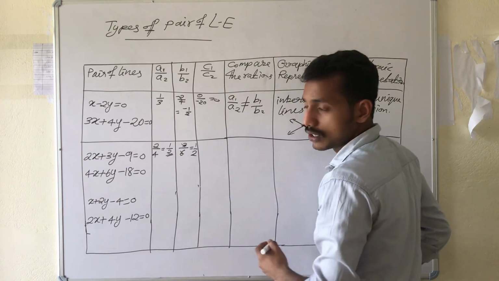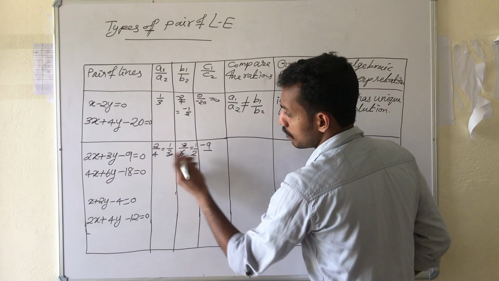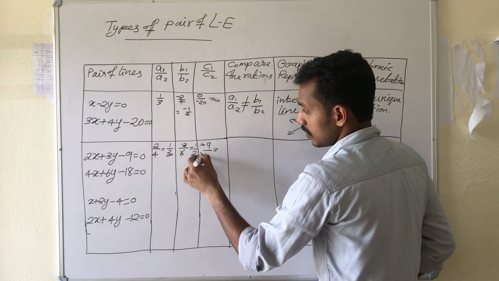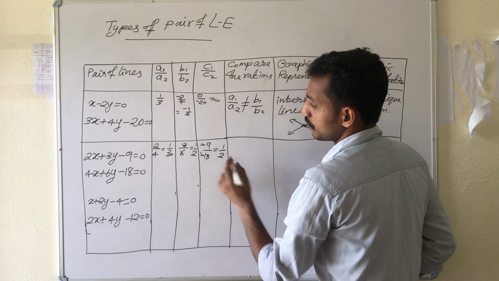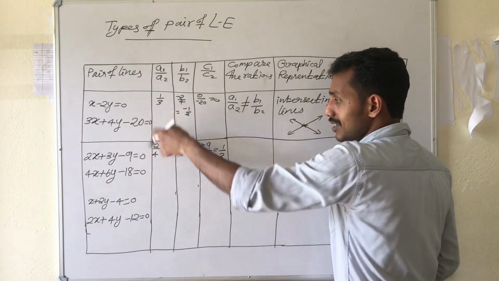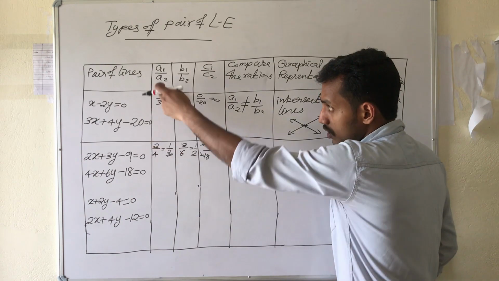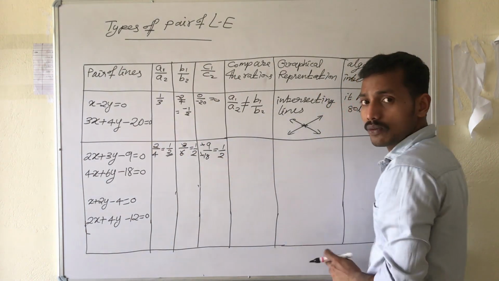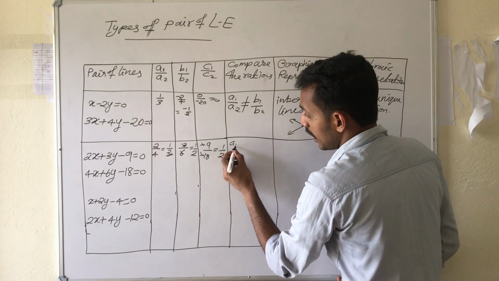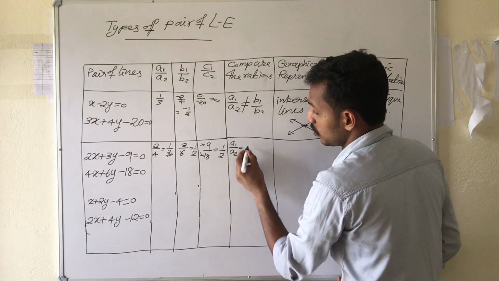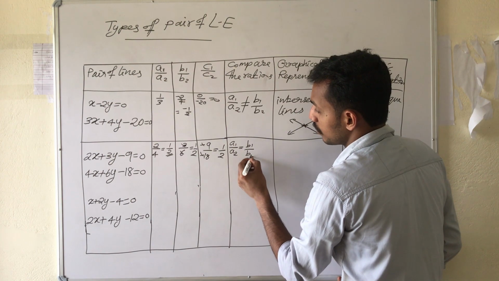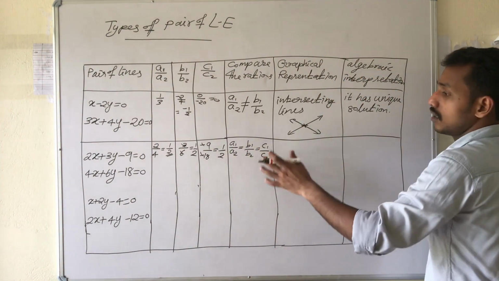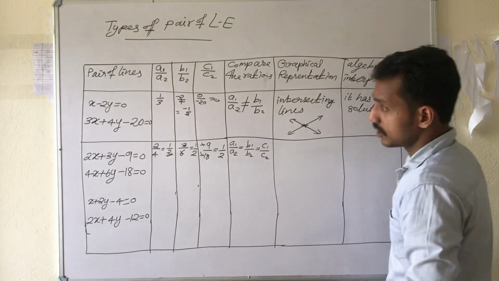Again take c1 by c2, that is minus 9 by minus 18, which is equal to 1 by 2. So here all the ratios are equal. a1 by a2 is equal to b1 by b2 is equal to c1 by c2. That is what we got after comparing the ratios.